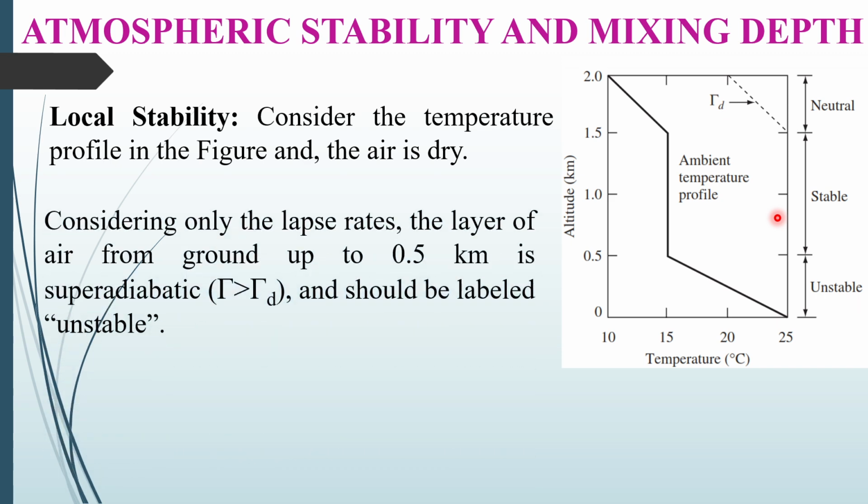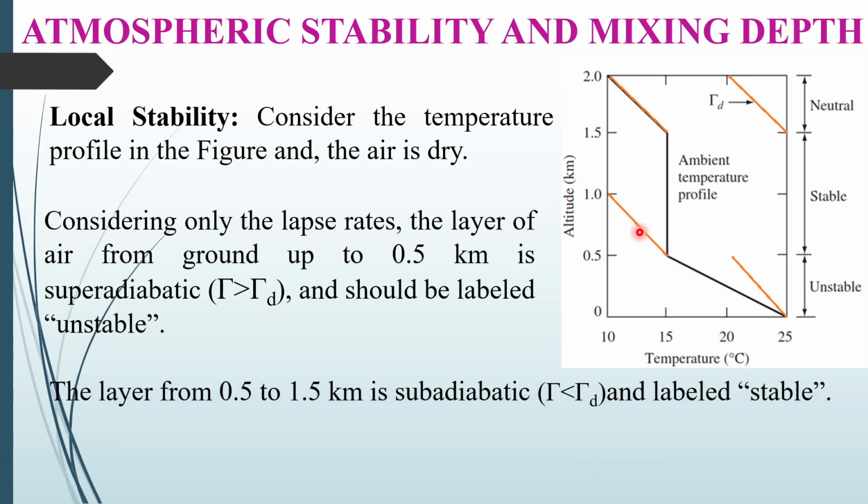So here we already discussed that the layer of air from the ground to 0.5 kilometer is super adiabatic, that is, the environmental lapse rate is greater than the adiabatic lapse rate, and so it is unstable, and this portion is subadiabatic from 0.5 to 1 kilometer, as the environmental lapse rate is less than the dry adiabatic lapse rate and labeled stable.